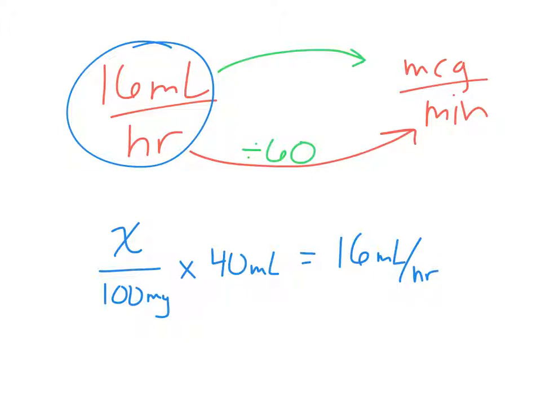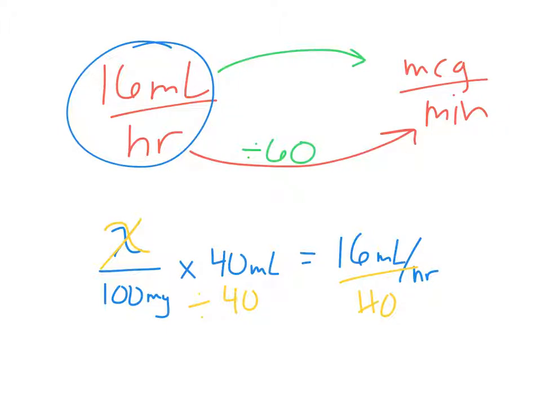So thinking about how we solve these typical types of problems and how we solve for X, we have to do the opposite of what's currently being done. So because 40 is being multiplied, I divide by 40. And let me see if this is going to work here. So 16 divided by 40, because we just divide on both sides, as we've done in algebra, 16 divided by 40 is 0.4.